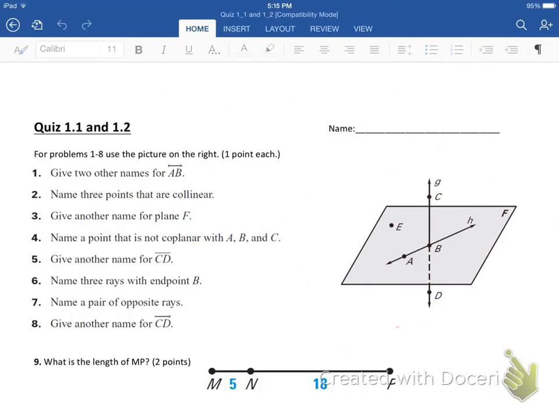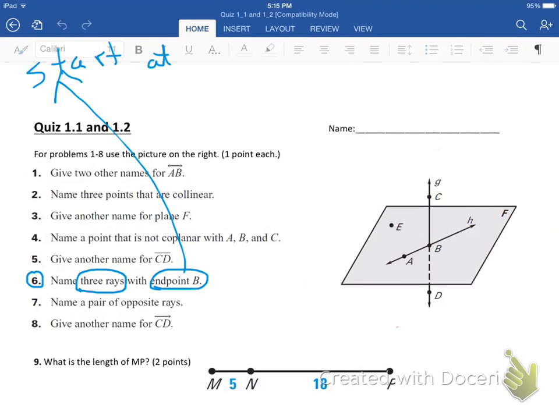Okay, number 6, it says name 3 rays. Endpoint B really means start at B. That's what that really means. So you have to start at B, and then you can go up forever. So that would be the ray that starts at B and goes in the direction of C. Okay. Another one, I'll change the pen to red.